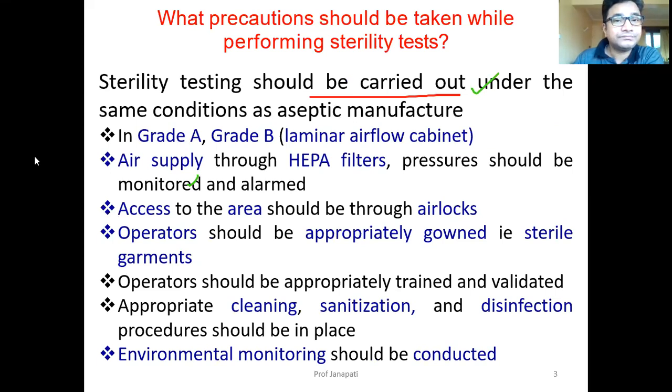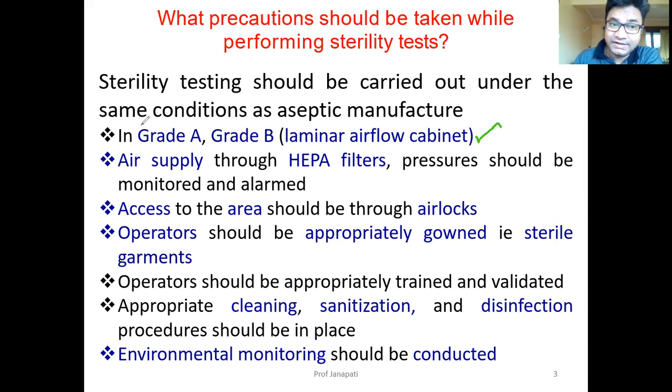So now, see. What are the precautions you need to take care? There are a lot of precautions. Few I am going to keep which are important here. So the sterility testing should be carried out in aseptic manufacturing technique. Whatever most stringent way you do, the environment is protected.